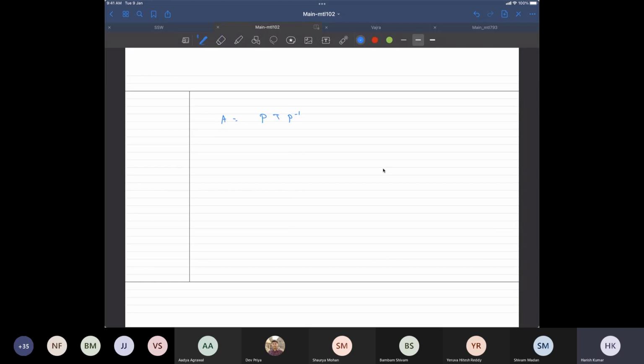J will consist of these blocks, and each block is either a diagonal matrix or a Jordan block. So this is the Jordan canonical form for an arbitrary matrix.